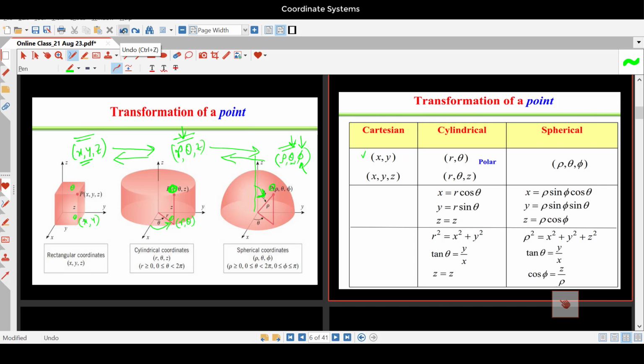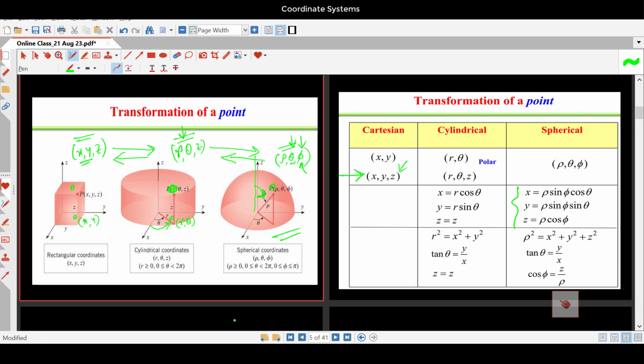Now suppose we have a Cartesian coordinate system and one point is given, that is x, y, z. Then we want it in rho theta phi. In that case, x equals rho sine phi cosine theta, y equals rho sine phi sine theta, z equals rho cosine phi. You know how we can derive all these things.